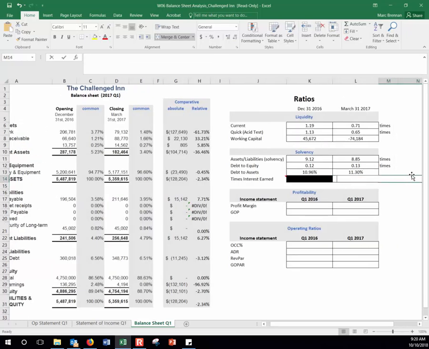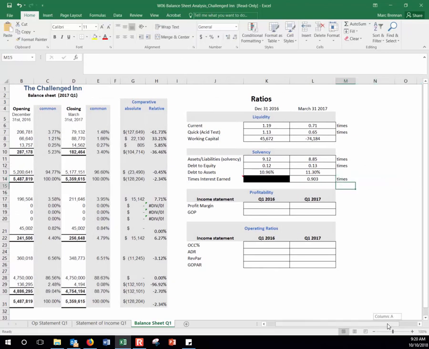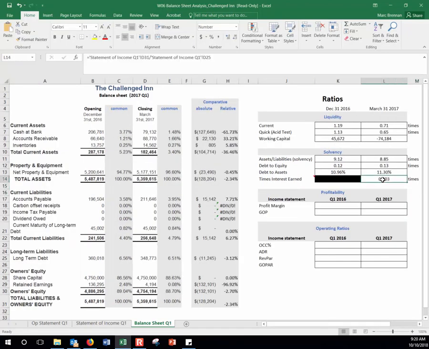And this is another times. So what this tells us is that with our earnings, we can cover our interest expense 0.9 times. This is not a good number. This is a very concerning number because that means we can't even cover our interest expenses. Okay?